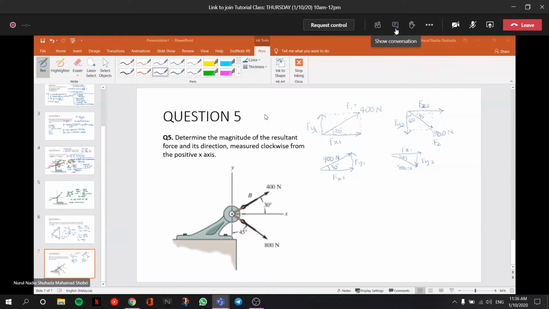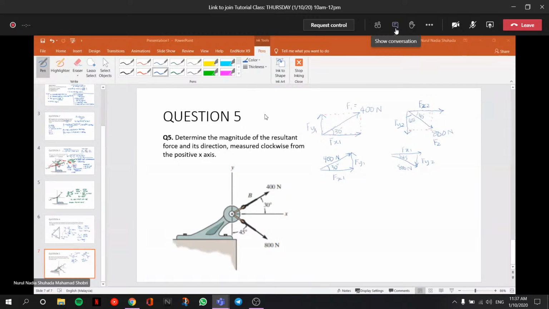In that case, we still have another way to get our answers, which is to calculate the resultant force individually in the x direction and also the y direction. That is what happens with question 5.